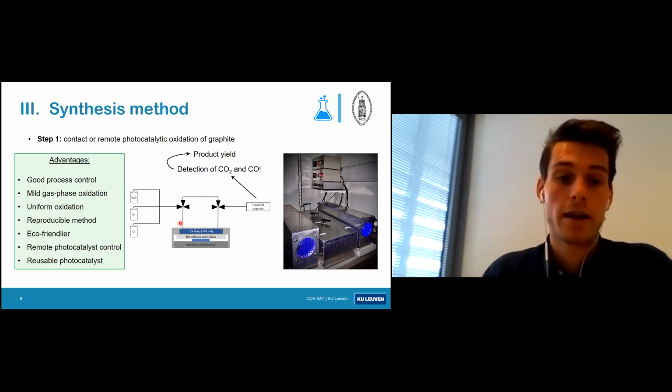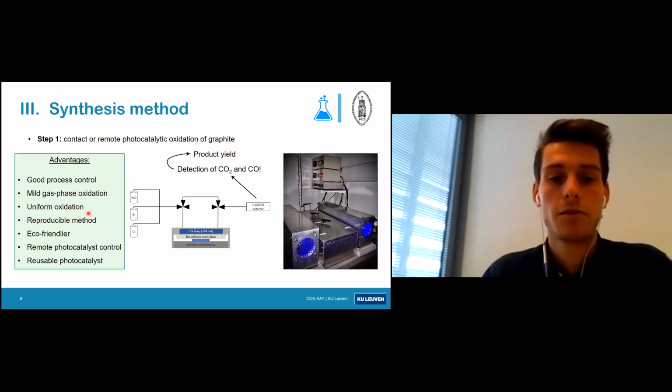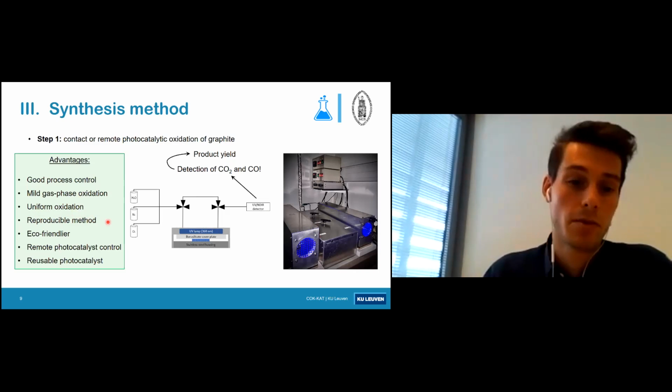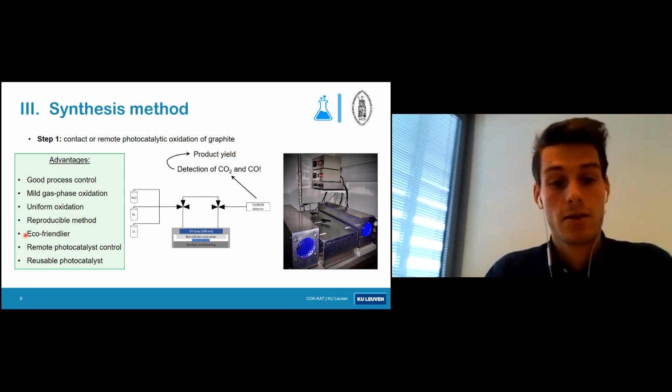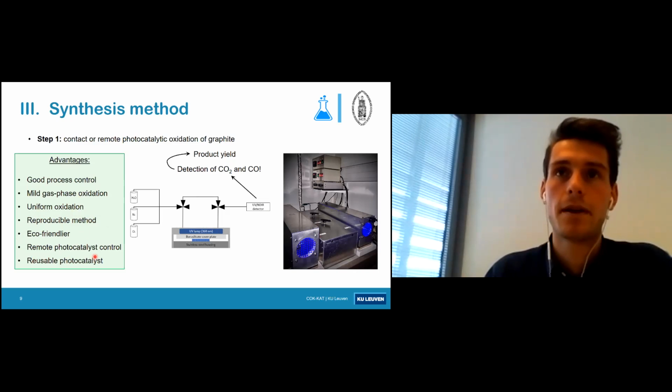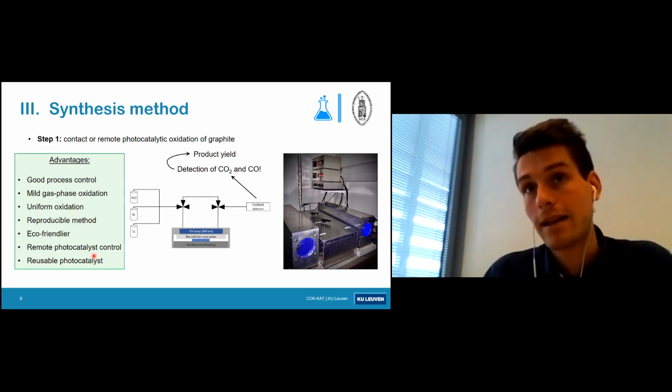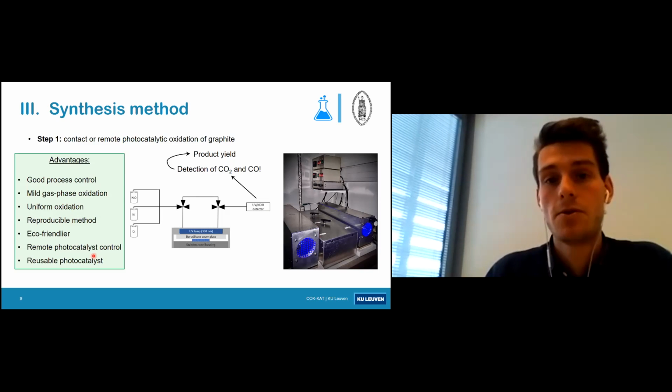Also, our method provides a very uniform oxidation of the graphite layers, and it's a very reproducible method, especially the remote oxidation method. It's also eco-friendlier, of course, and it allows remote photocatalyst control and a photocatalyst that can be easily reused without degradation or activation loss.